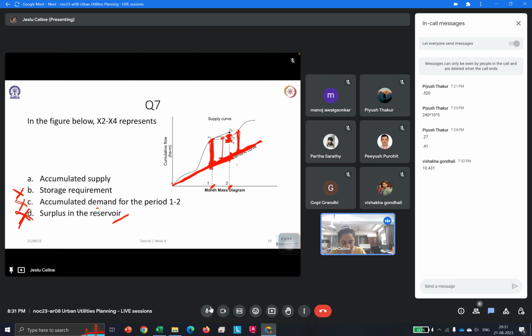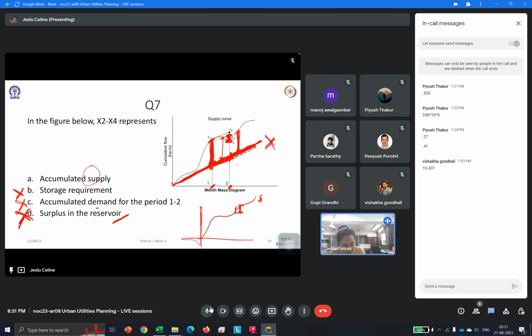So for this particular point, it is the slope. The idea is that the demand curve which is given is a redundant curve. We don't need that. If this is a supply curve, the slope of the mass curve, if you take 2 points, the difference in heights between these 2 points will actually be the accumulated supply that we are having.